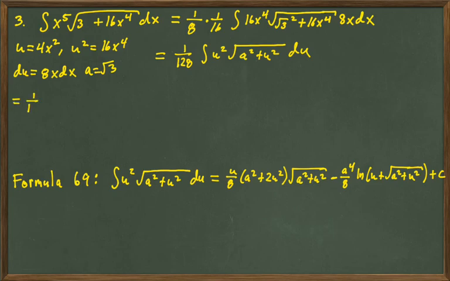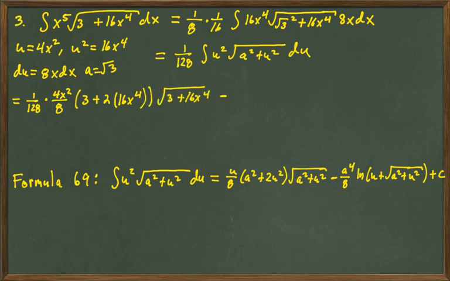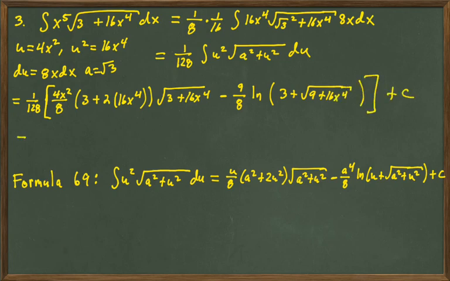So it'll be 1 over 128 times 4x squared over 8 times 3 plus 2 times 16x to the 4th, square root of 3 plus 16x to the 4th, minus 9 over 8, natural log of 3 plus the square root of 9 plus 16x to the 4th, and plus c.